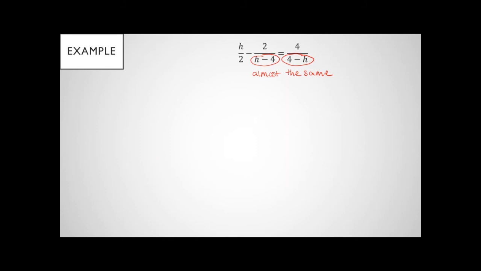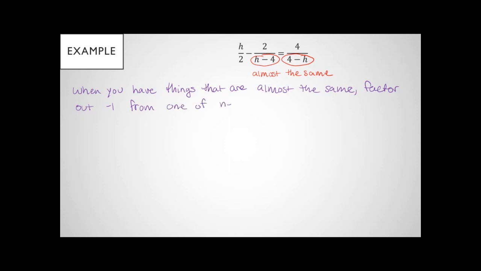So when you have things that are almost the same, factor out -1 from one of them. Actually, we specifically do it from the one with the number first.